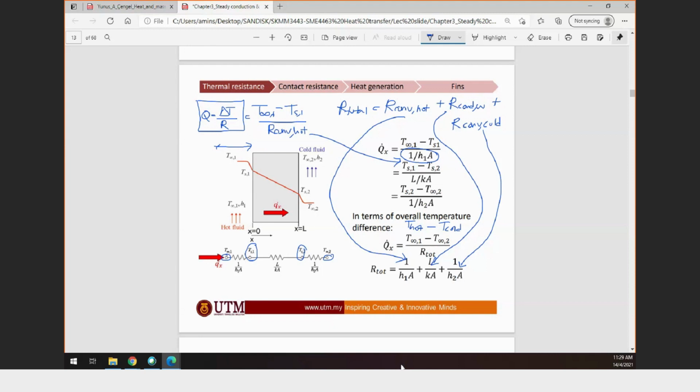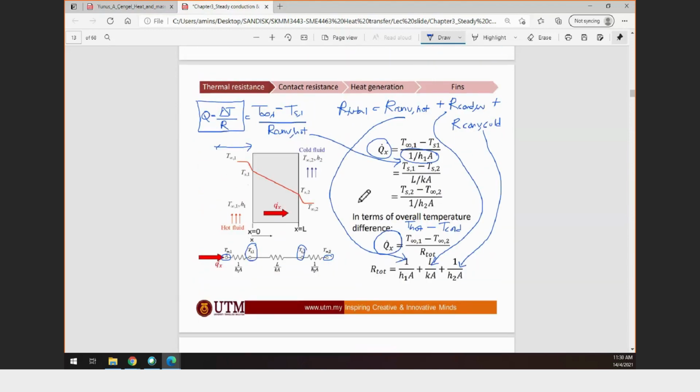So this Q is basically the same as this Q, like the analogy of the current in the electrical calculation. The electric current will be the same regardless of any component that you use, but the difference is the voltage difference. In this case, the difference is due to the temperature value.